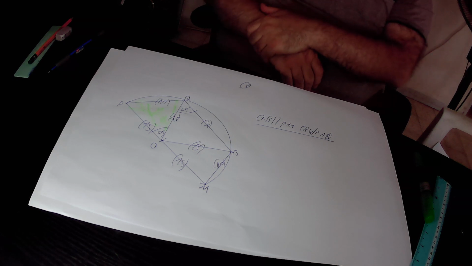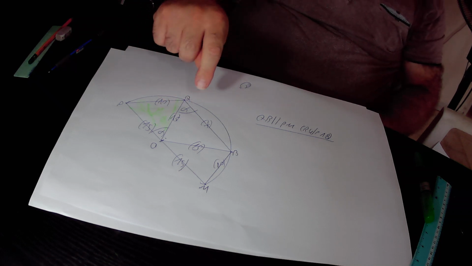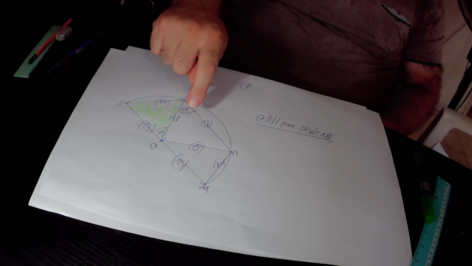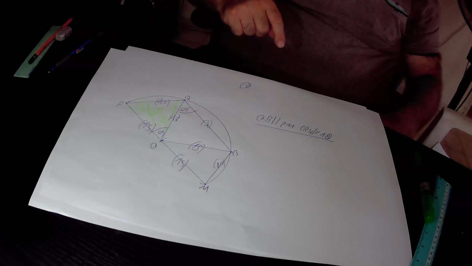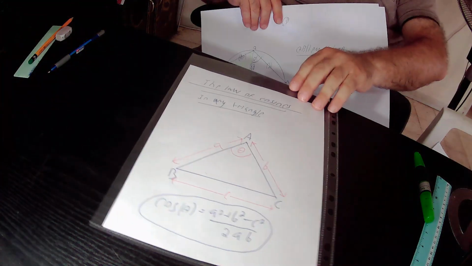In the next step, I presented the law of cosines and we implemented it in this triangle QPO and in this triangle OBQ. So what is the law of cosines? It applies to any triangle.